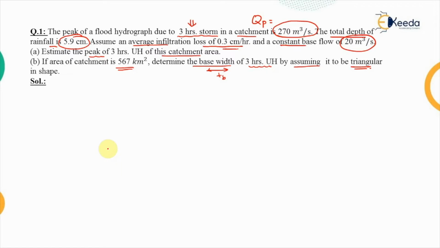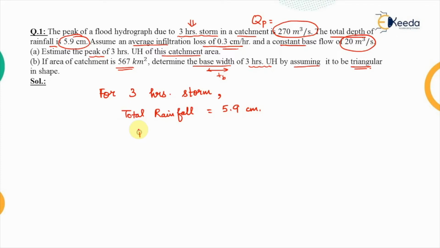So starting with the first one. For the 3 hours storm, the rainfall that has occurred, rather it would be right to write the total rainfall, is equal to 5.9 centimeter.